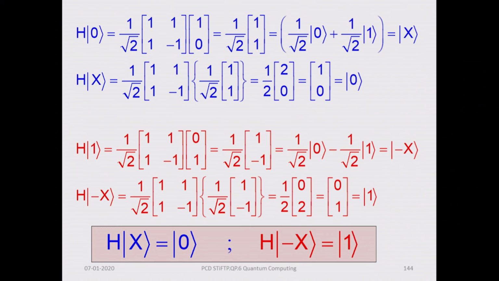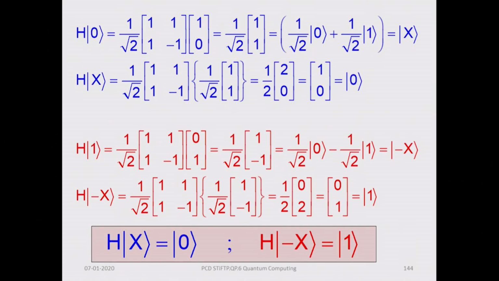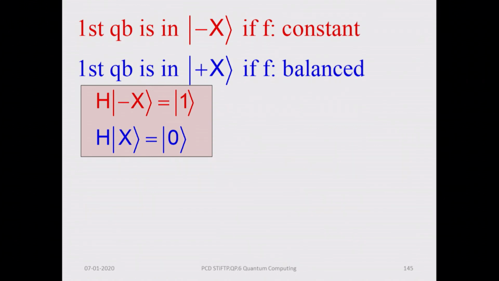So we have seen that. If you just pass this output through the Hadamard, then whether you get 0 or 1 will tell you whether the function was constant or balanced.